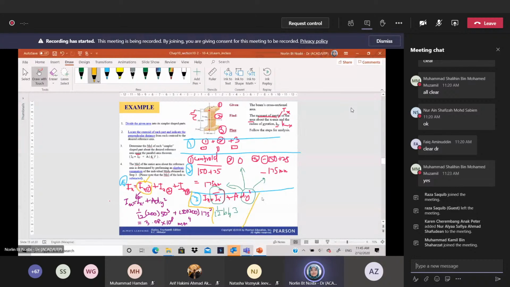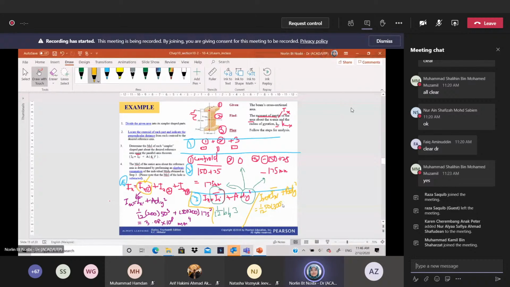The I bar is for a rectangle, so it is also the same, 1 over 12. Then the B is 50 times H is 300 to the power of 3, and then plus the area.